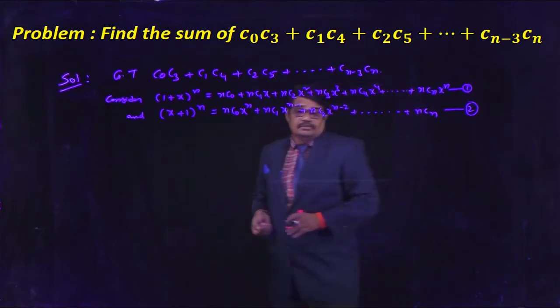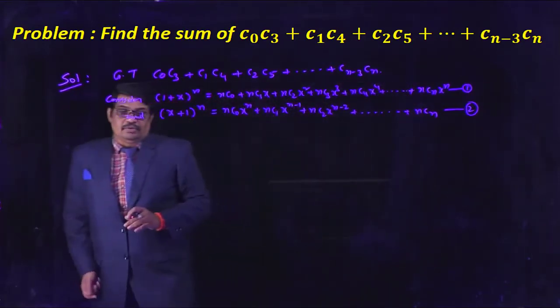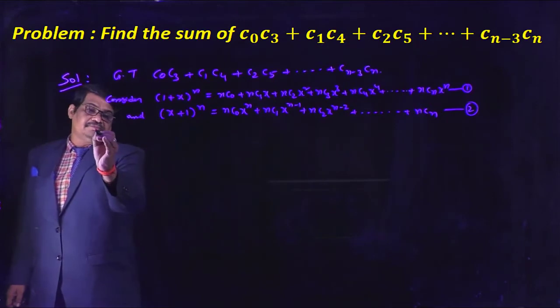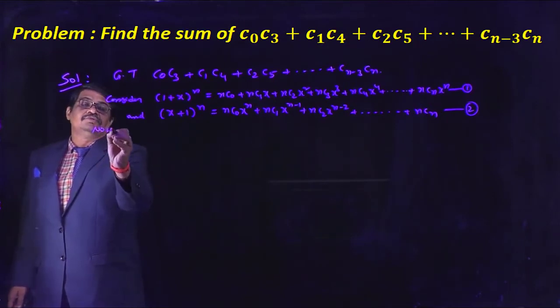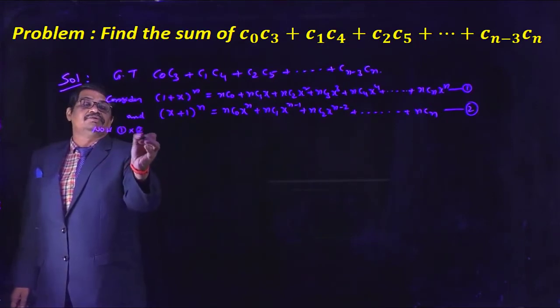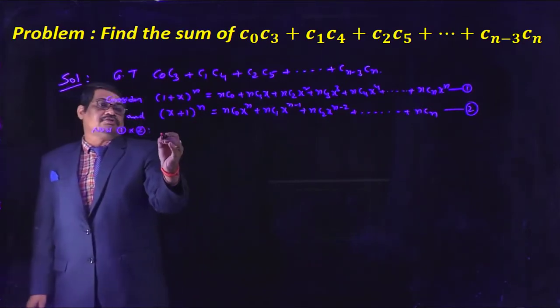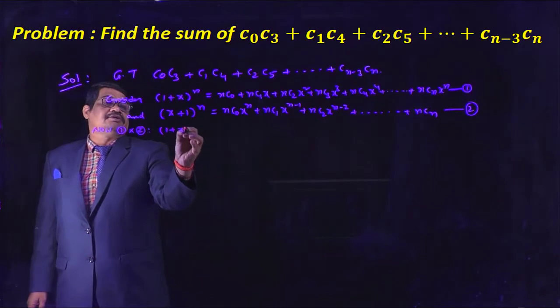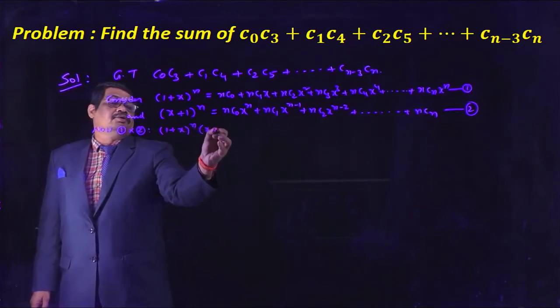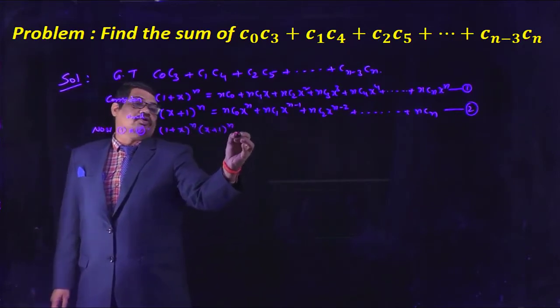Now we are multiplying these two equations, 1 and 2. So what is the LHS? The product of these two terms, (1 plus x) whole power n into (x plus 1) whole power n.